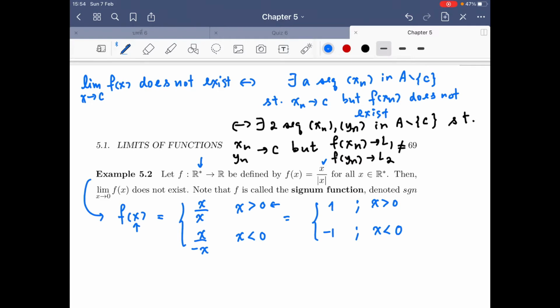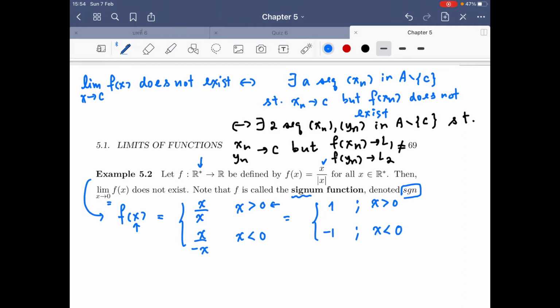This function is called the signum or sign function, and usually it is denoted by sgn. We would like to say that the limit as x goes to 0 of this function f(x) does not exist.